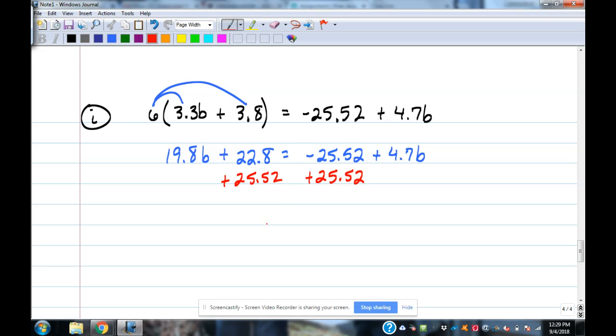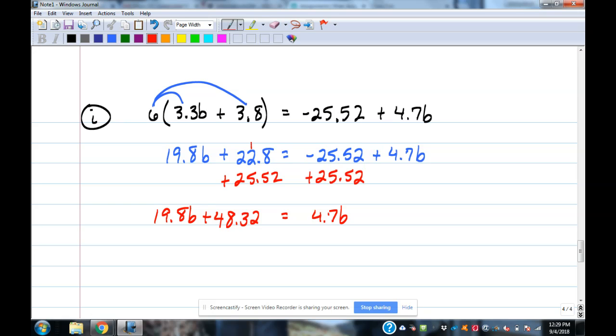The 4.7b is there, 19.8b is on the left side, and then we're adding these two together. So 2, 8 and 5 is 13, carry 1, 7, 8, and 4. 48.32. You add those together.